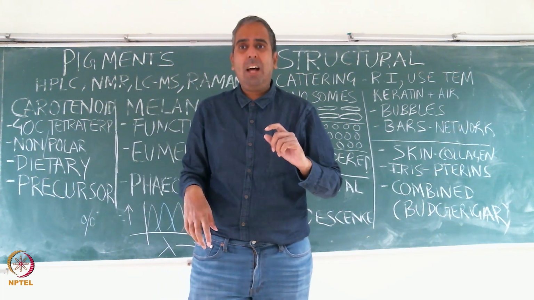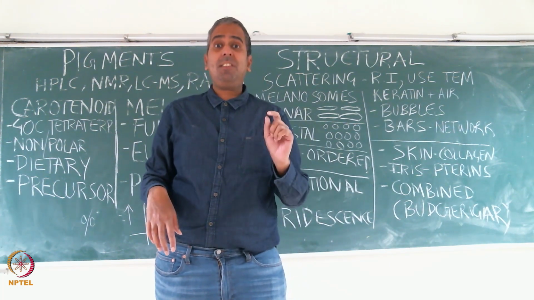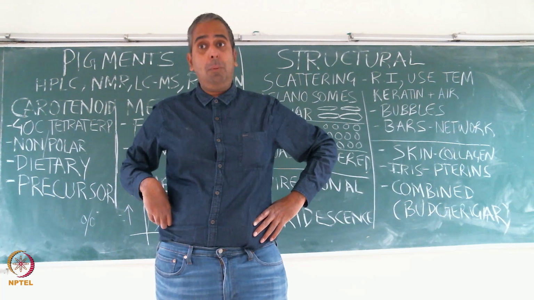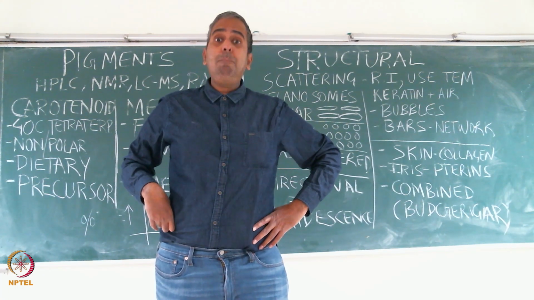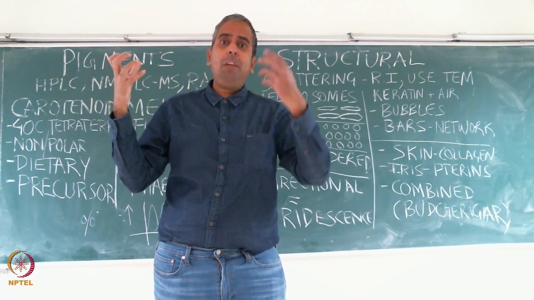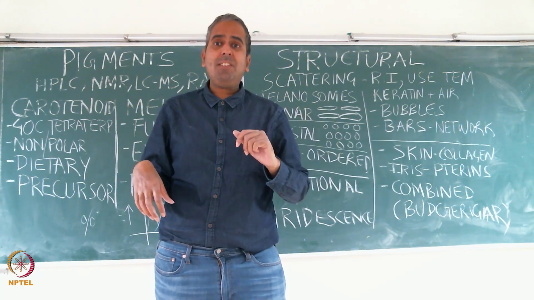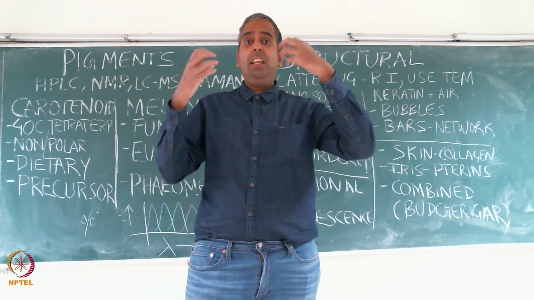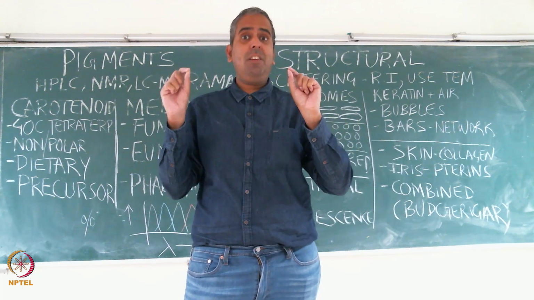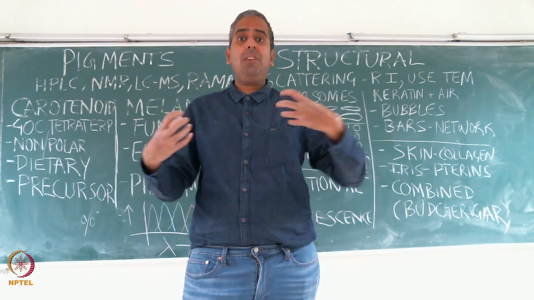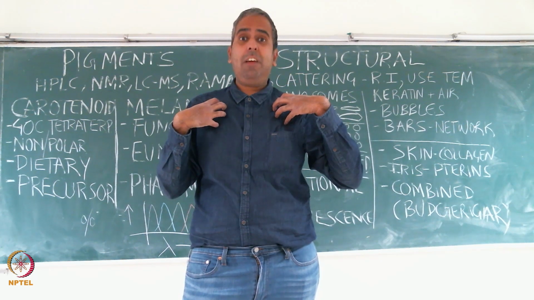I'll give you a cool example of that. There's a bird called the scarlet minivet, which many of you will probably know from India. The male is red and the female is basically yellow. Now what happens is, they eat the same precursors. The female takes these precursors and deposits them directly into her feathers.